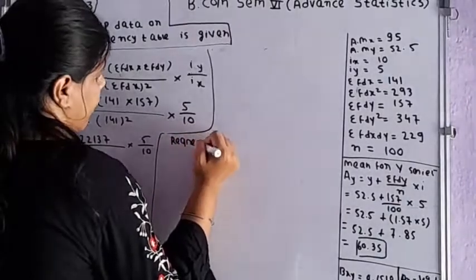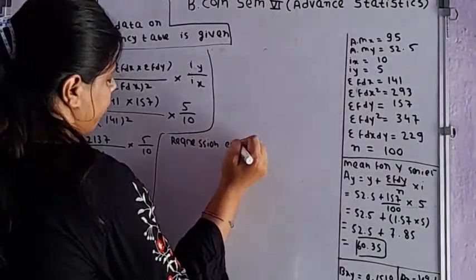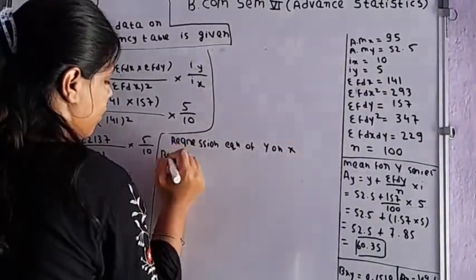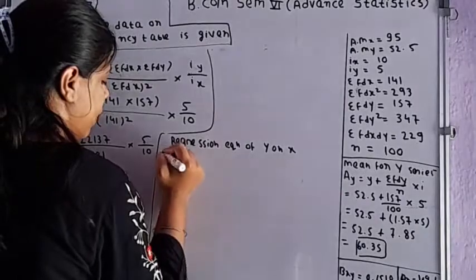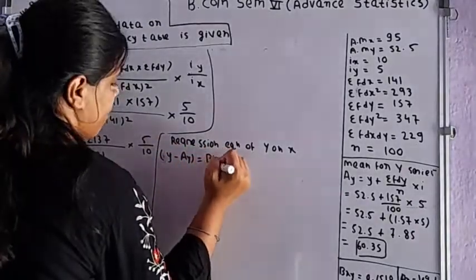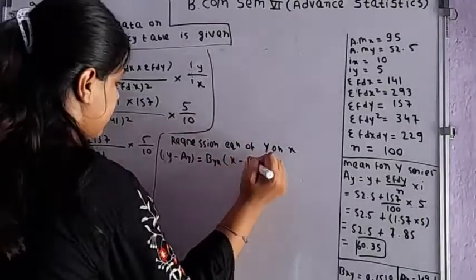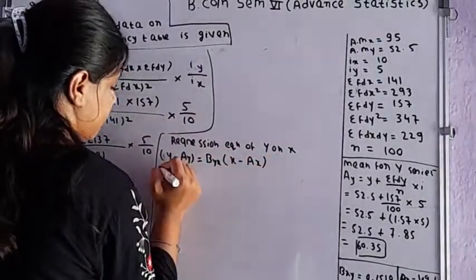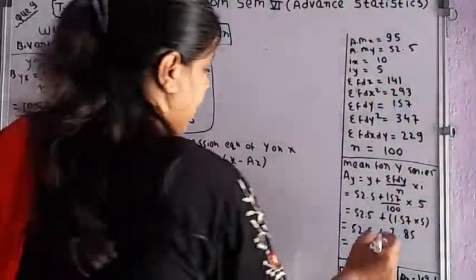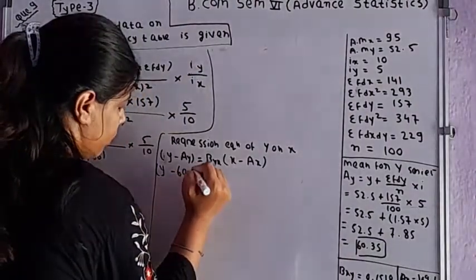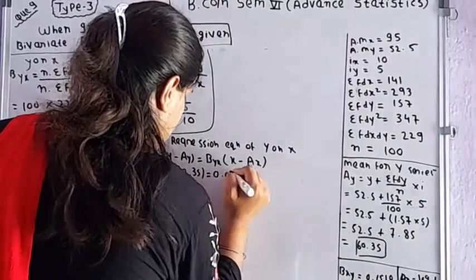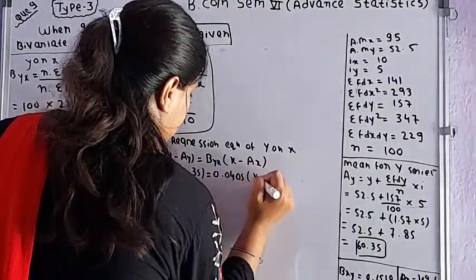The regression equation of y on x is y minus ay equals byx into x minus ax. Then we put the values. Y minus ay, what is the value of ay? 60.35. So 60.35 equals byx, 0.0405, into x minus ax.